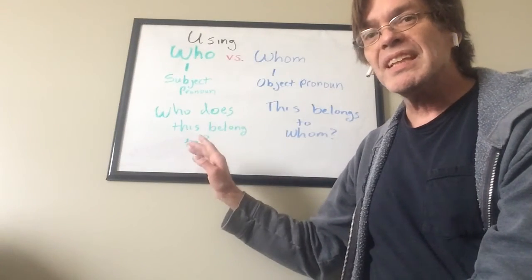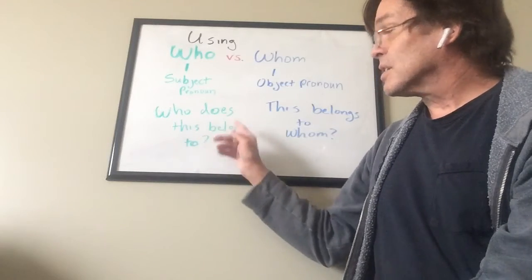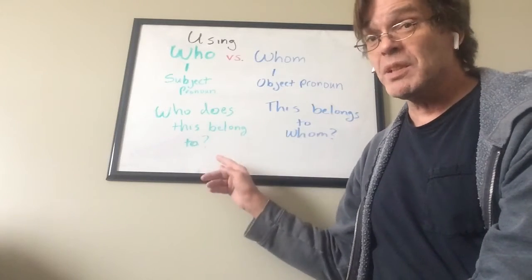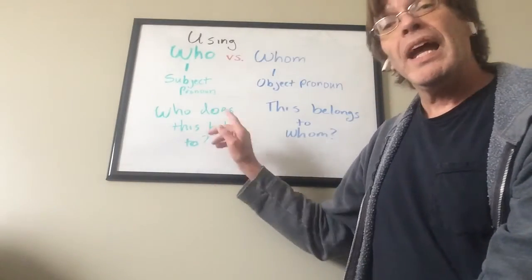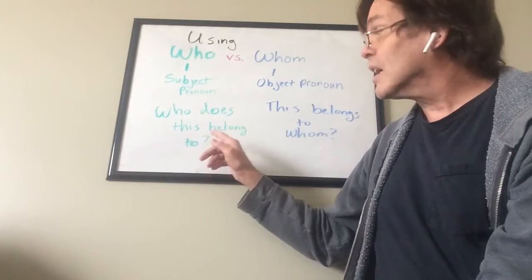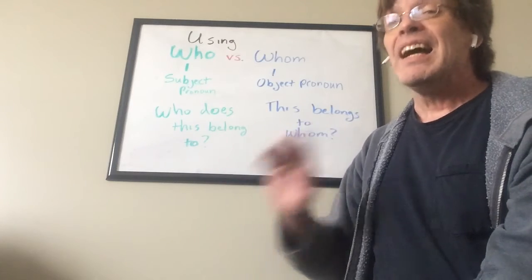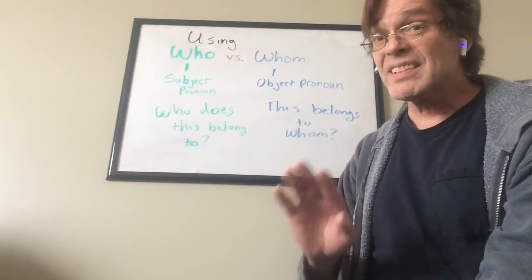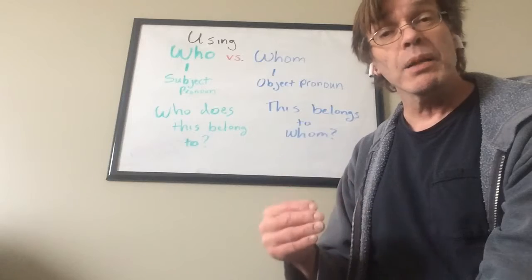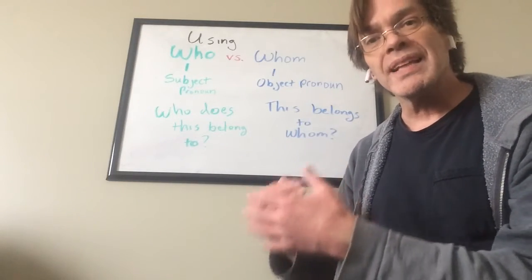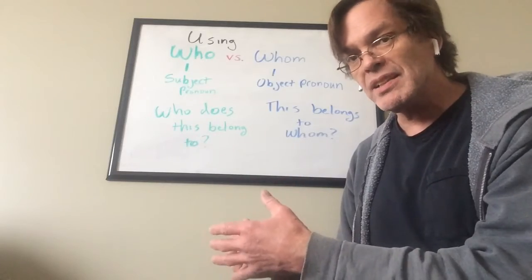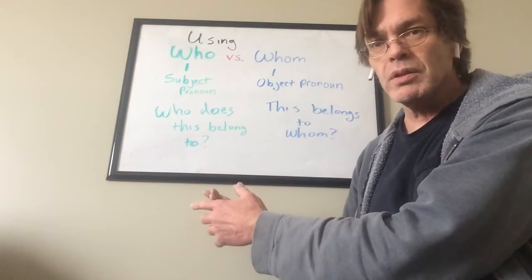You wouldn't even say, he does this belong to, or him does this belong to. It makes no sense whatsoever. So you would have to change the wording of a sentence like this. And that's the other reason why this little trick will not help all learners of English, because you won't know exactly how to change the sentence to make it work.